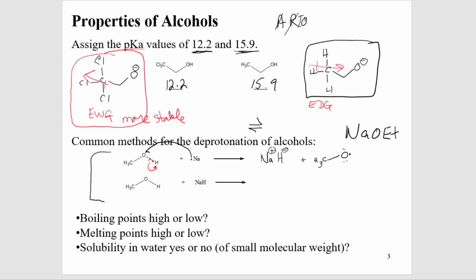So you actually need to balance this equation. We're not there yet. We actually need 2 equivalents of the sodium for this to work. So now the second equivalent of elemental sodium donates its electron to oxygen.